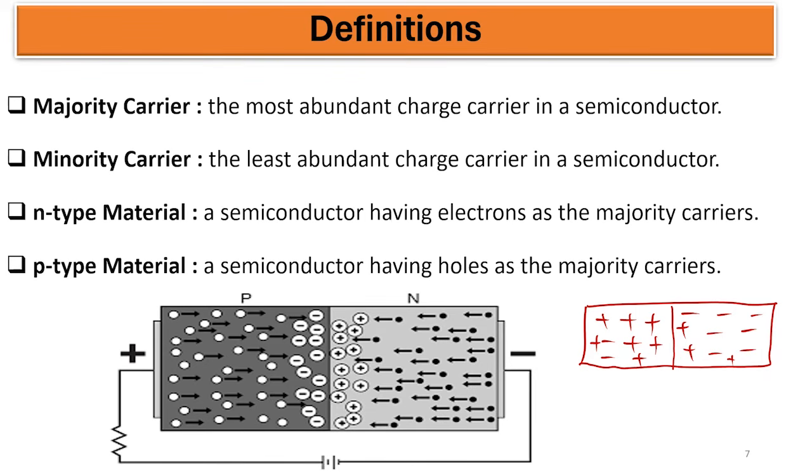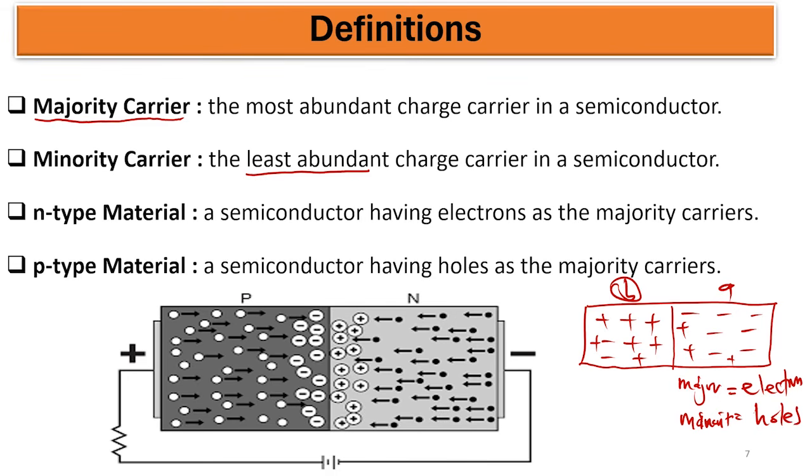We have two sections of this, and we are taking this part A and this part B. At part A, the most abundant charges in the semiconductor are what we call the majority carriers. So at part A, the majority carriers are what? The electrons, right? Electrons are the majority of the charges. And at part A, the minority, those less abundant, are also what? The holes or the positive charges.